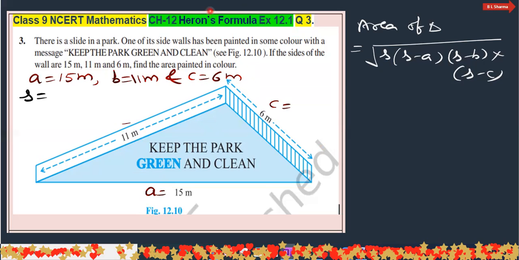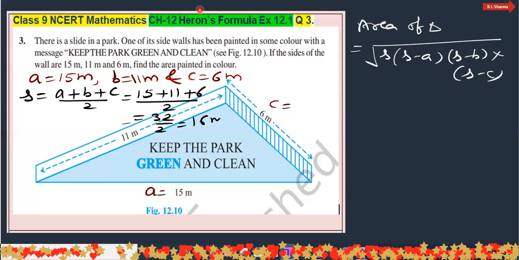S is given by A plus B plus C divided by 2, means 15 plus 11 plus 6 divided by 2, that is 32 divided by 2, that is 16 meters. We have the value of A, B, C, and S, that is semi-perimeter.